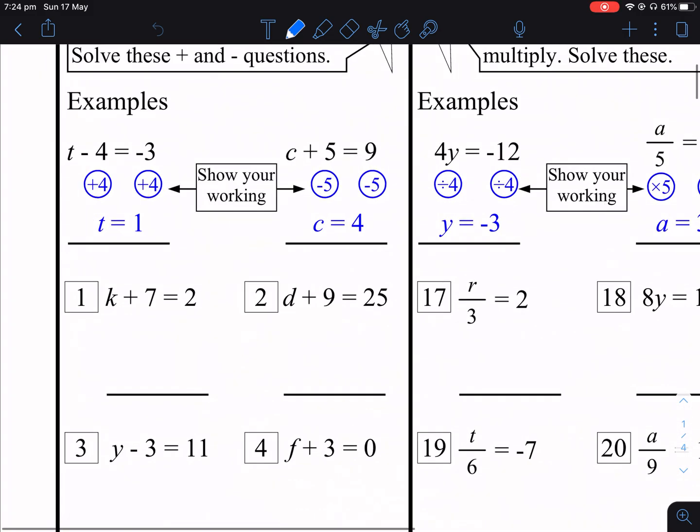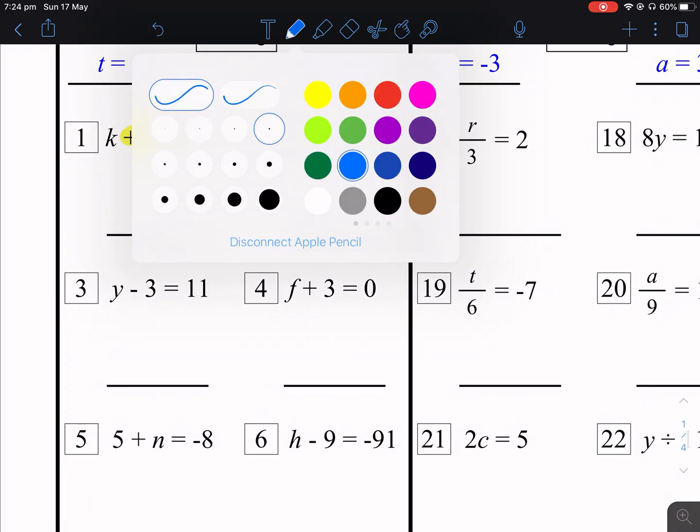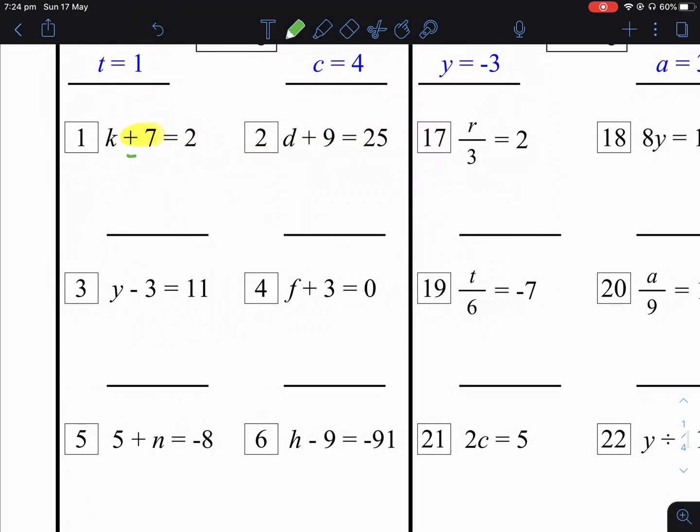So, one-step equations. I'd like to remind you that you always do the opposite. For example, if I have k plus 7 equals 2, what's the opposite of plus 7? It's minus 7. So you write yourself a little minus 7 under both sides, and then you think, well, what is 2 minus 7?